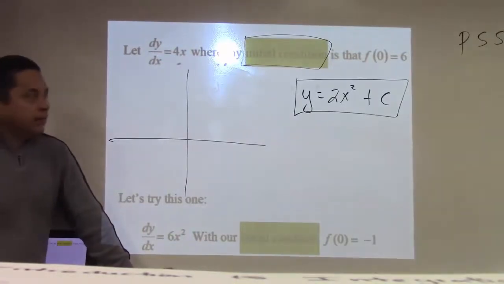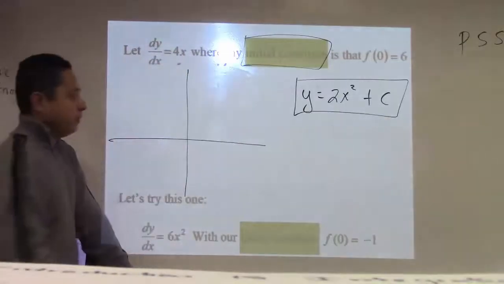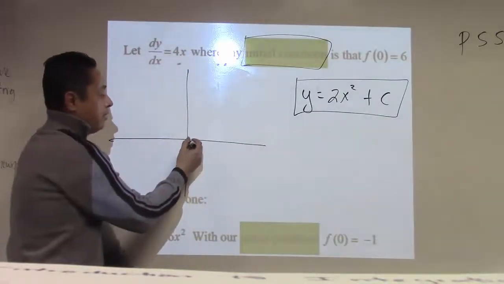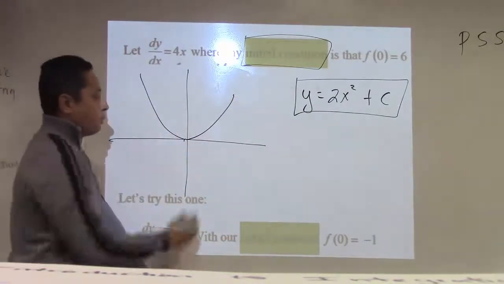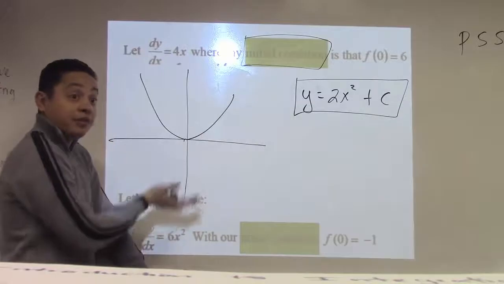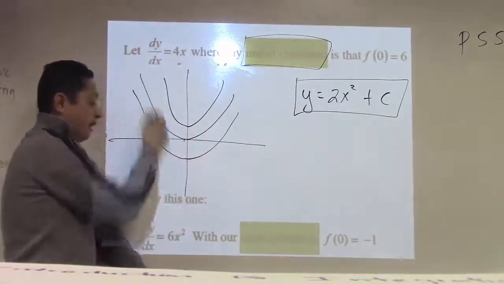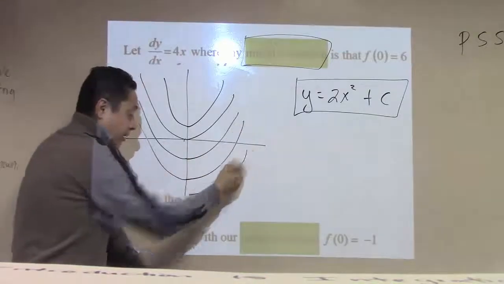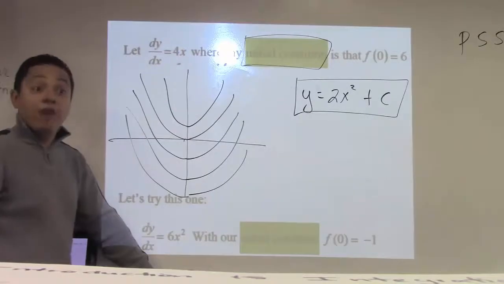A parabola, right? But you don't know what this value right here is, so let's call it 0. 2x squared plus 0 is just that right there. 2x squared plus 1 is the same parabola shifted 1 up. Minus 1, minus 2, minus 3, and that's because that constant is giving you the whole family.